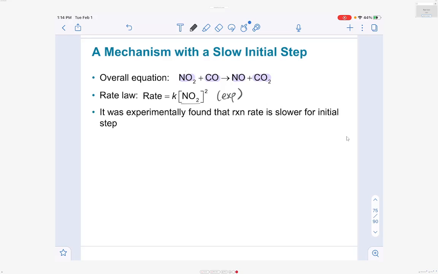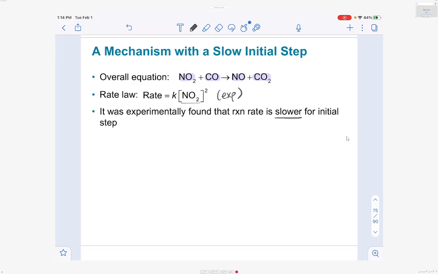We also know experimentally that the reaction rate is slower for the first step, for the initial step. These are the only given information, and while we don't know specific detailed steps about the equation, we can propose a mechanism that meets the experimentally found rate law, and later we check and see if the proposed mechanism is a plausible mechanism or not.